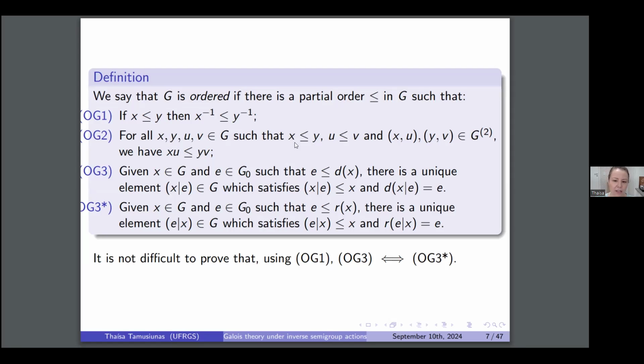Then if X is less or equal than Y and U is less or equal than V, when the product is defined, we have that XU is less or equal than YV.